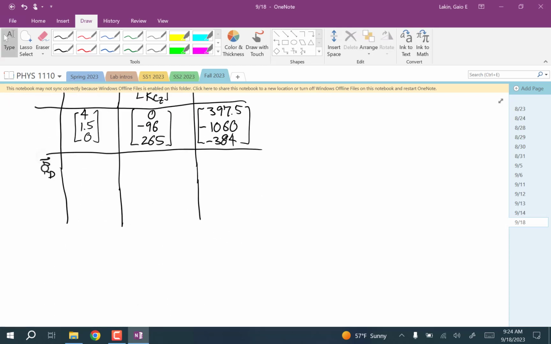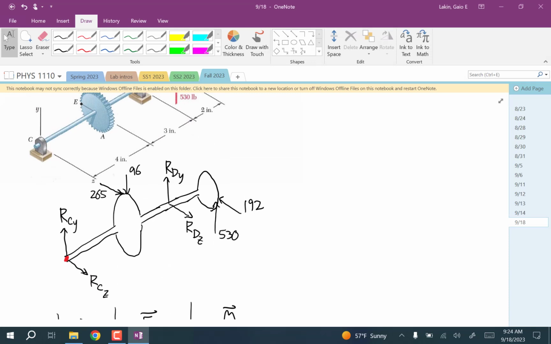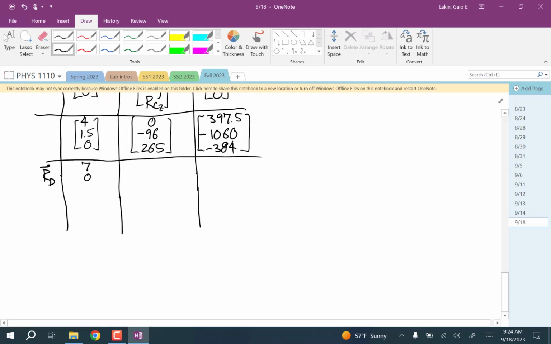You just have a y and a z. The row vector is 7 in the positive x, 0, RDY, RDZ.